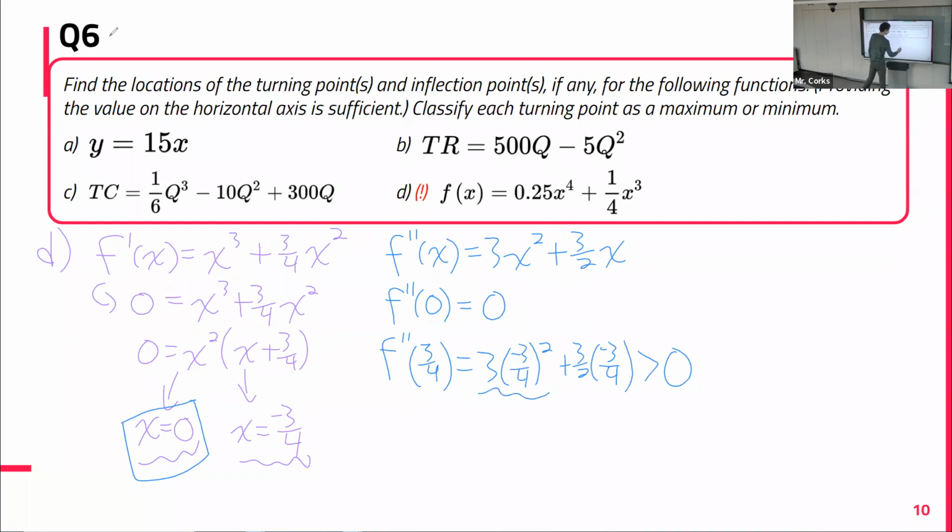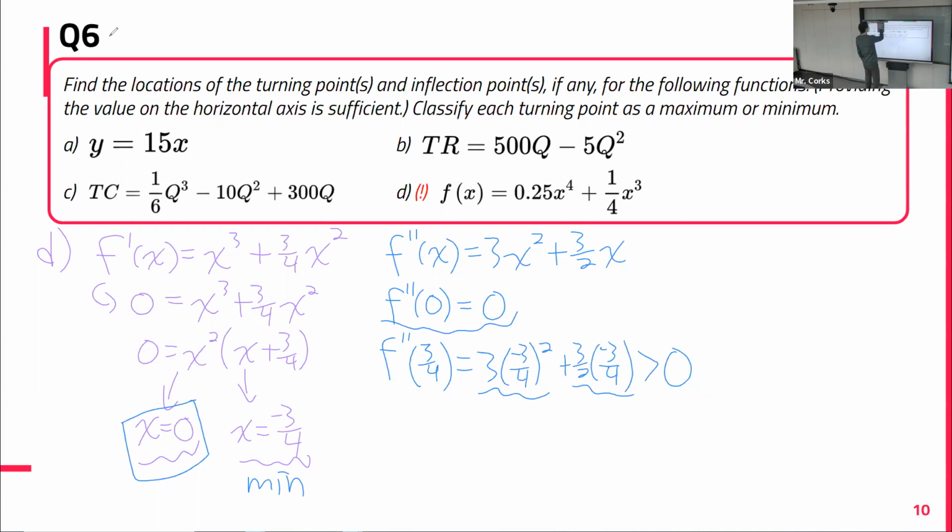This first term will be a larger positive thing. This will be a smaller negative thing. So the result is positive. Okay, so second derivative test, what does that tell us about this point, x equals negative 3/4? Okay, so this will be a minimum. So this is how our second derivative test usually goes, that we get it's greater than 0 or less than 0. But in this case, for the other one, we found that it was exactly equal to 0. So we kind of accidentally found one of these inflection points.